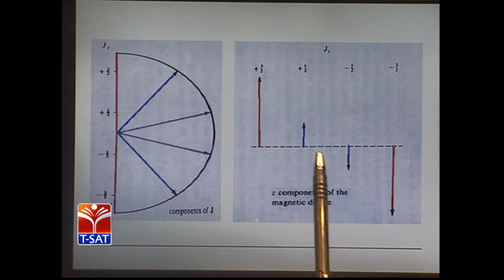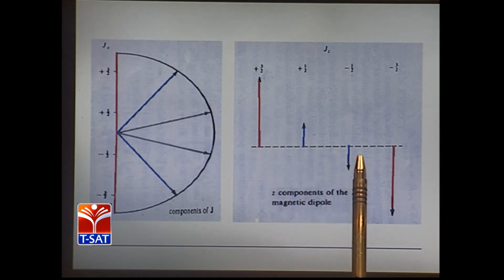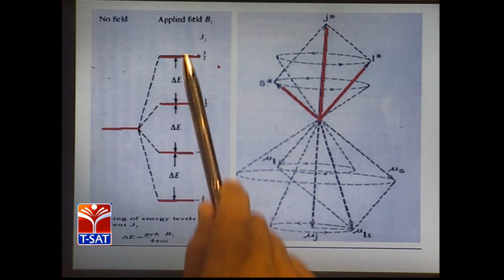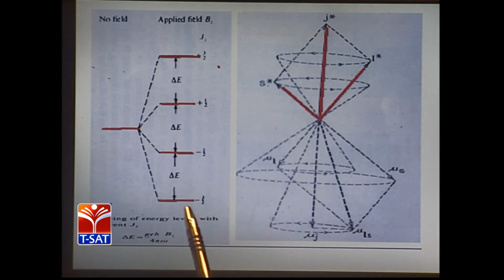These 2 are shown in this direction, the other 2 are in the opposite direction. Without the magnetic field you will have this one, and with the magnetic field these 4 are shown like this. Change in these corresponds to delta E, the change in the energy.